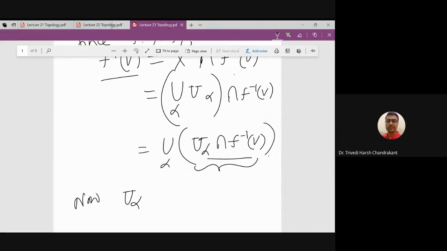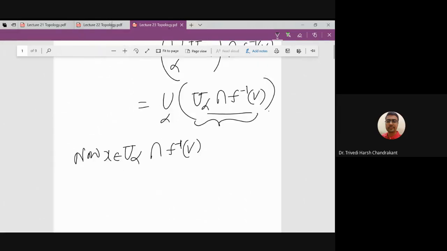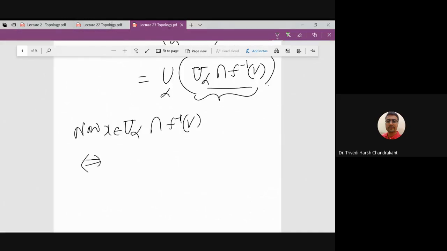So let us see what this set is. X belongs to this set. That means X is in U alpha such that Fx belongs to V, right?